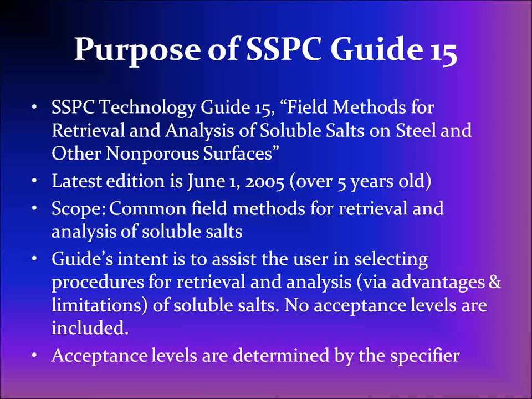The advantages and limitations of the various methods are described to help the user decide which method or methods will work best for their application. The guide does not contain any information regarding acceptable levels of surface contamination. These levels are best established by the specifier.